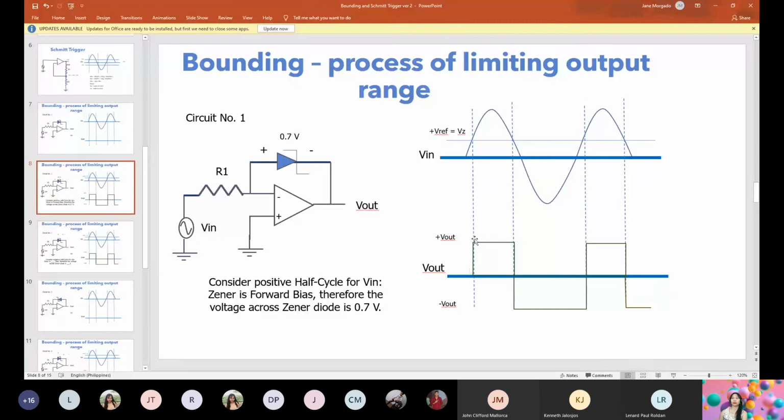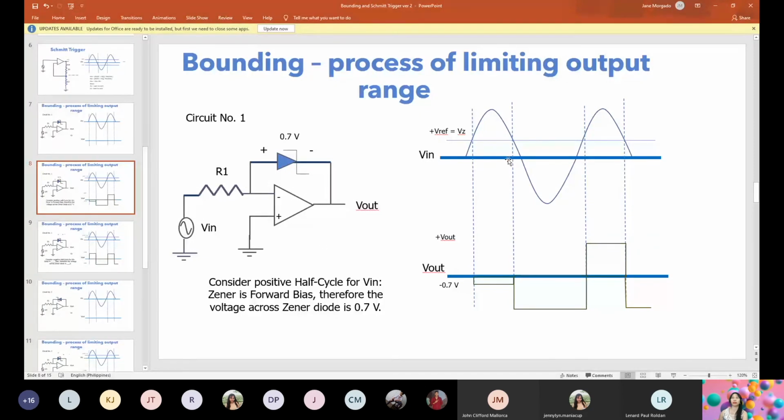Negative what? What's the value? Negative 0.7. Yes, thank you. So we will be able to measure negative 0.7 volts. That's for the positive half cycle.